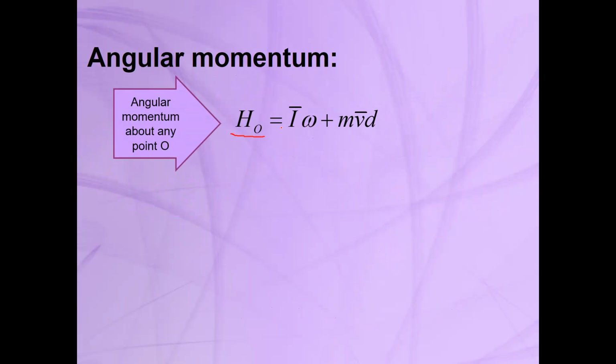So H O is equal to the mass moment of inertia about the mass center times omega plus m v bar d, where v bar is the velocity of the mass center, m is the mass of the rigid body, and d is the distance between point O and G.